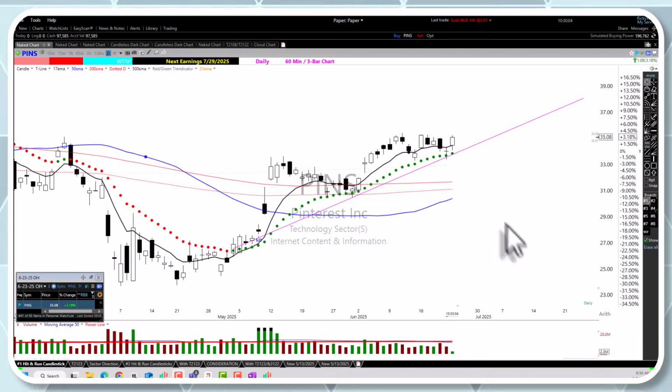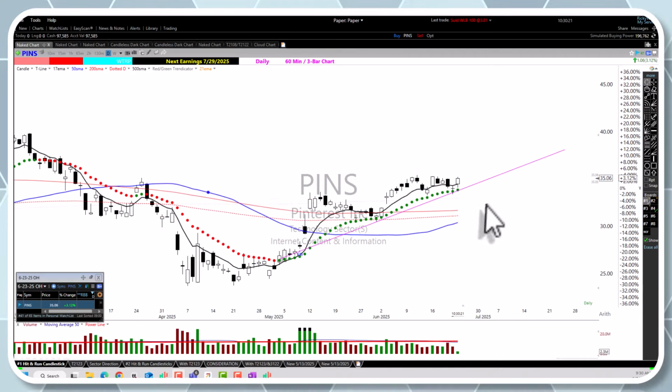Because my world is all about that small little area right there, it's this high and that trend indicator, price and the trend indicator. Everything between the high price and the trend indicator is what I'm interested in. So when it sets up in our chart pattern, we can start looking for trades.